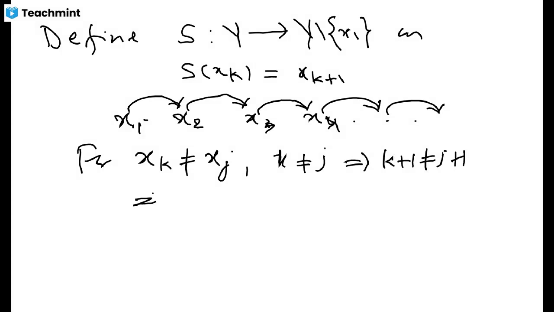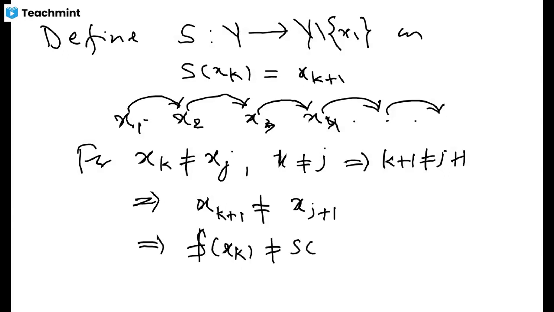This further implies that the elements corresponding to these stages, k plus 1 and j plus 1, cannot be the same. They have to be different. So x_{k+1}, the image of xk, has to be different from x_{j+1}, the image of xj. This establishes that the shift function S is a one-one function.